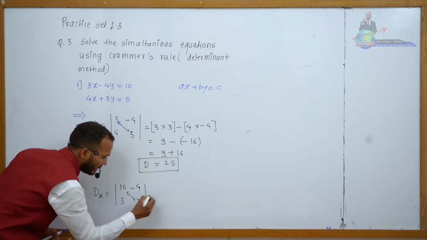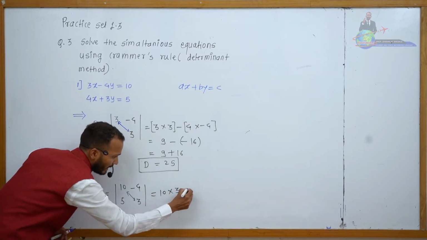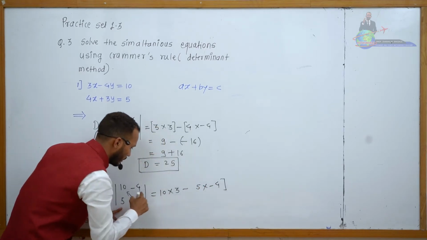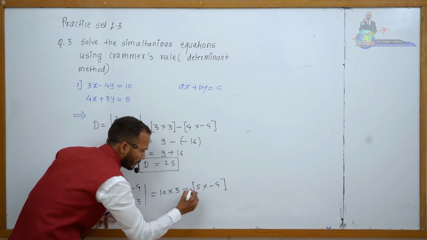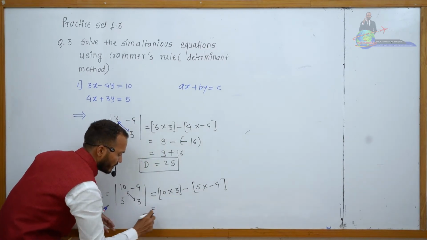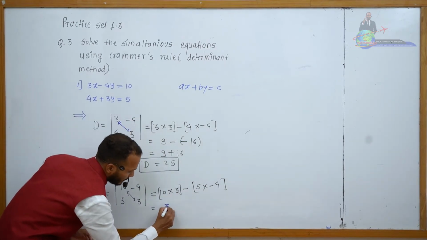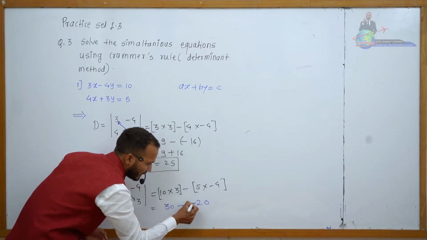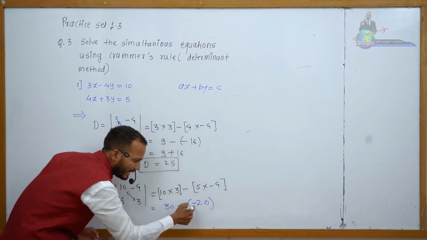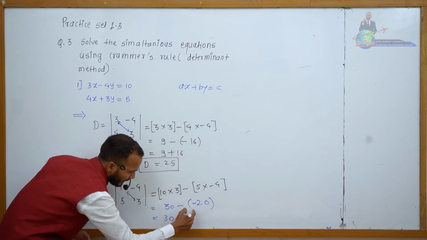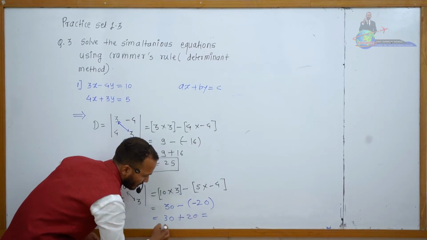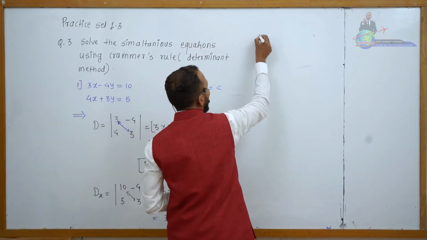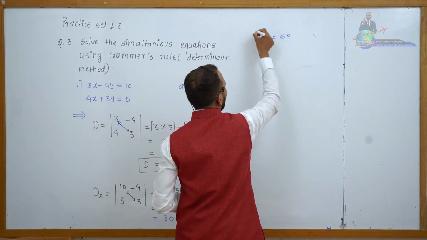Multiply 10 into 3, middle sign minus, 5 multiply -4. 10 into 3 is 30 minus 5 into 4 is 20, but here is a minus sign, so there is a bracket: 30 minus (-20) is 30 plus 20, which is 50. Means student, we got Dx equal to 50.